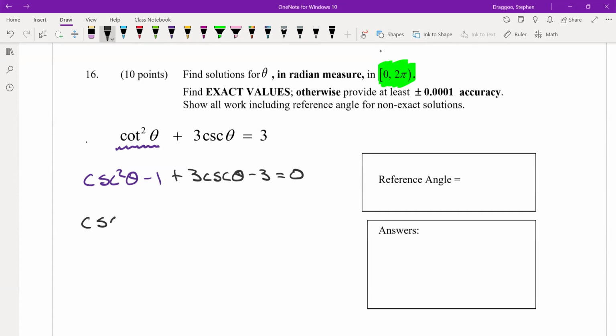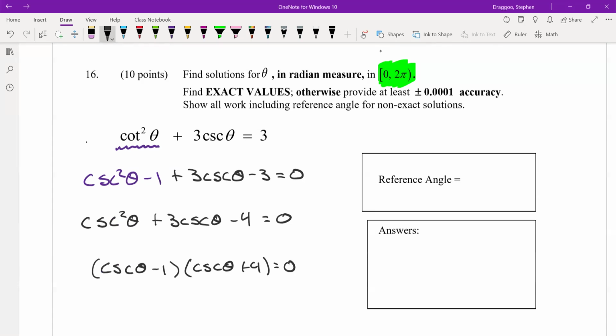This looks like cosecant squared plus 3 cosecant theta minus 4 equals 0. That is a factorable quadratic equation. Should factor to cosecant of theta minus 1 times cosecant theta plus 4 is equal to 0. So that gives me two options.